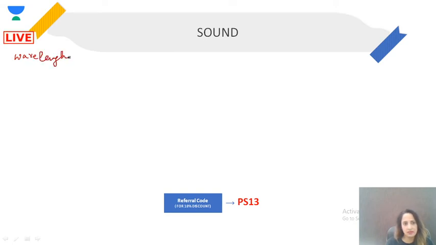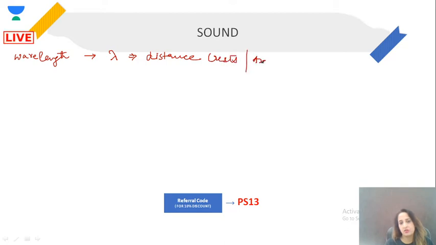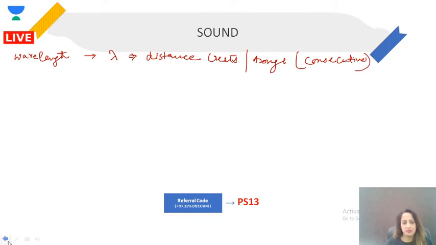So wavelength, we represent it by lambda, and it's the distance between two consecutive crests or troughs. I will write it also, which means right next to one another.